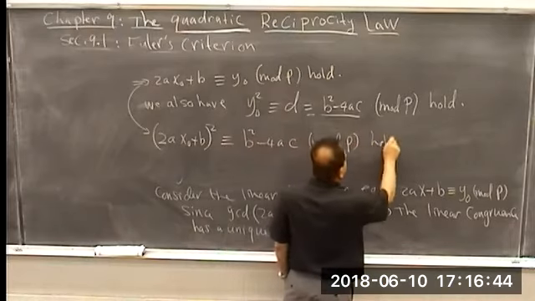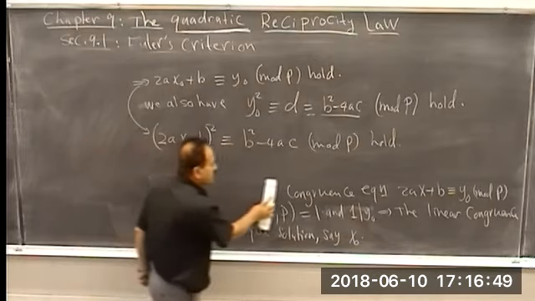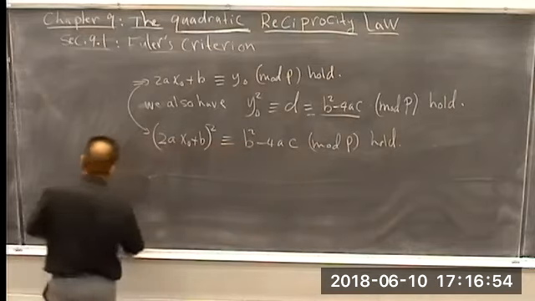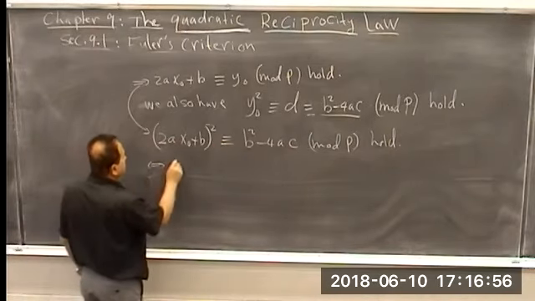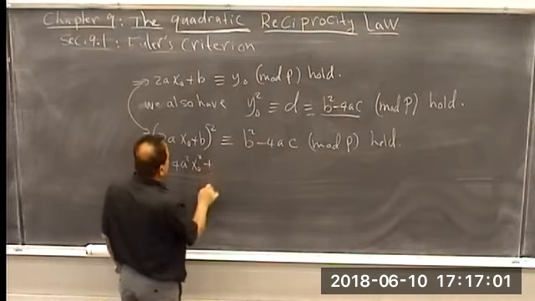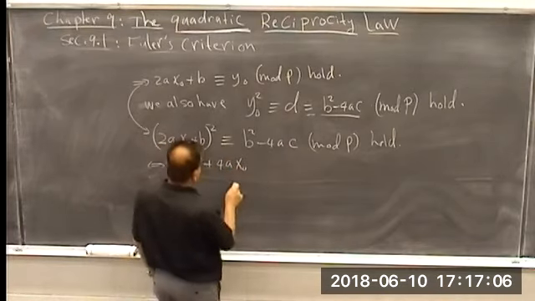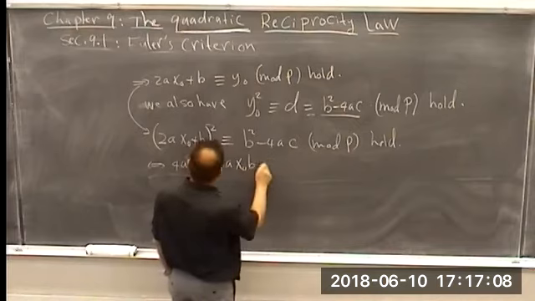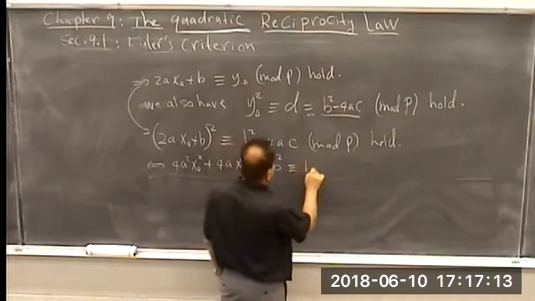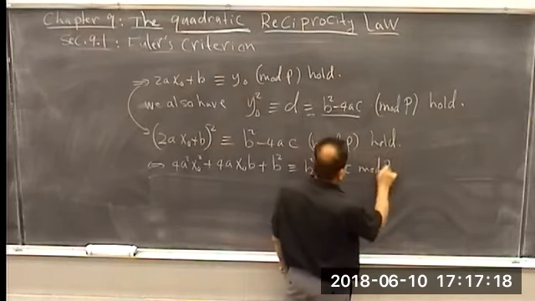And this of course gives us the original equation almost after we divide. So this is equivalent to 4a squared x sub 0 squared plus 4ab x sub 0 plus b squared, congruent to b squared minus 4ac mod b.